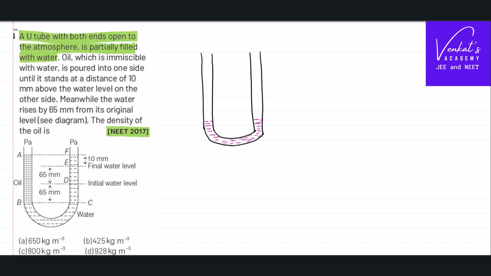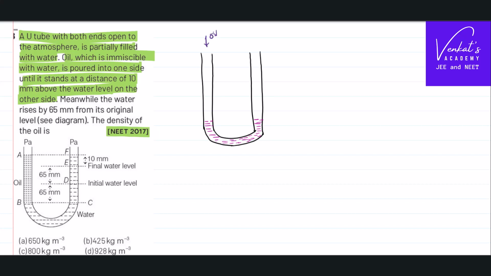Now oil, which is not going to mix with the water, is poured on one side until it stands at a distance of 10 millimeter above the water level on the other side. So what he is saying is from one side you are filling with oil.